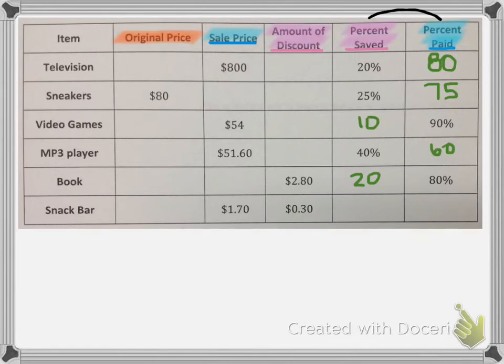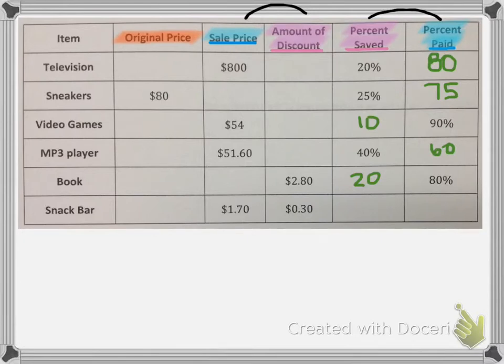Now, it's going to be the same thing for the sales price and the amount of discount. When you add those together, they will equal the original price. The problem is we don't always know what the original price is, and there is one that I can do this on. Look at the very bottom one.